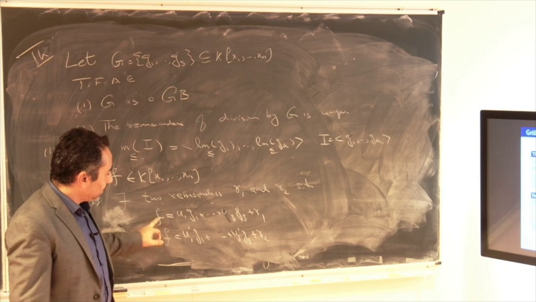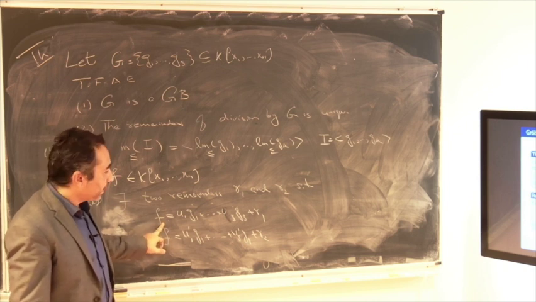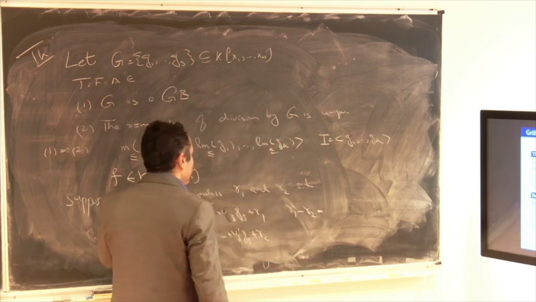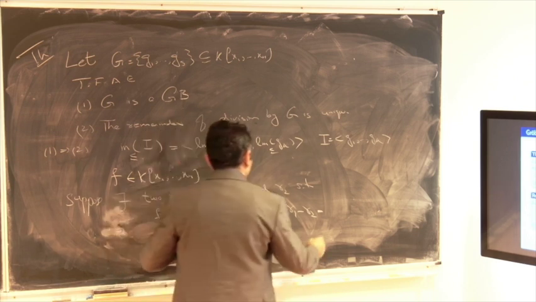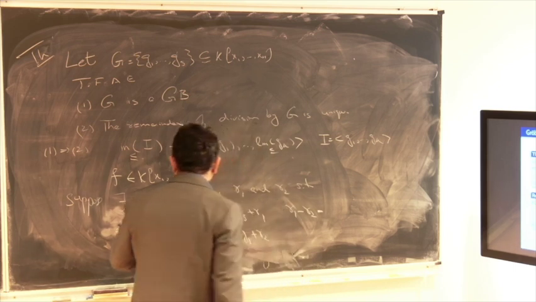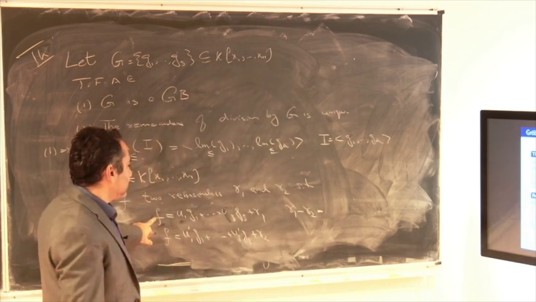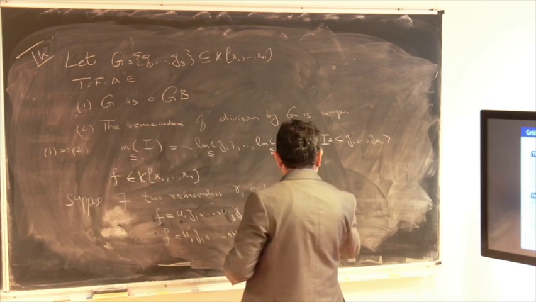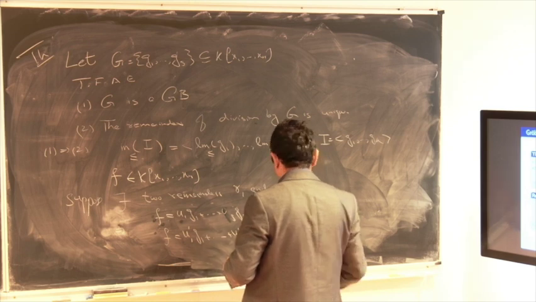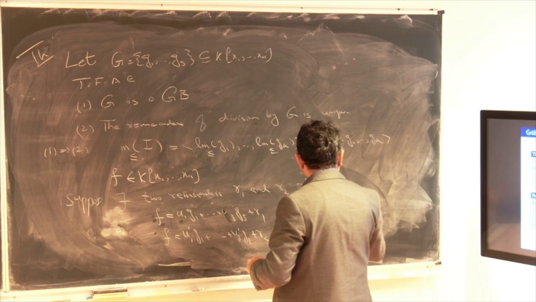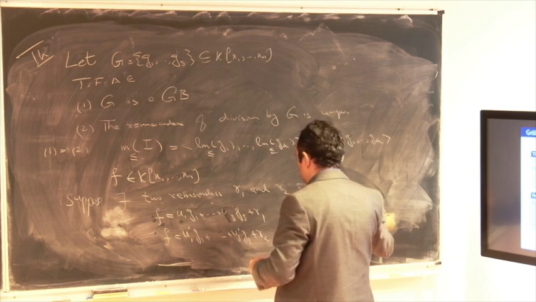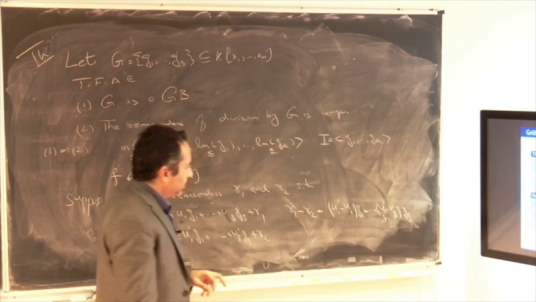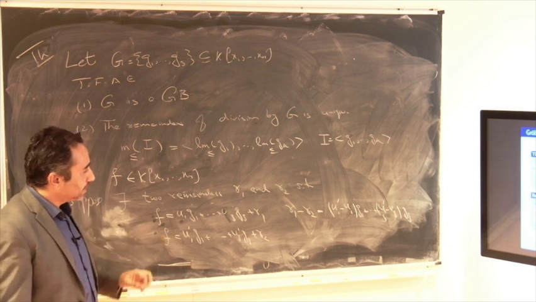After equating these two equations, R1 minus R2 is nothing but u1 prime minus u1 times g1 plus so on plus us prime minus us times gs. So R1 minus R2 is given by this after equating.